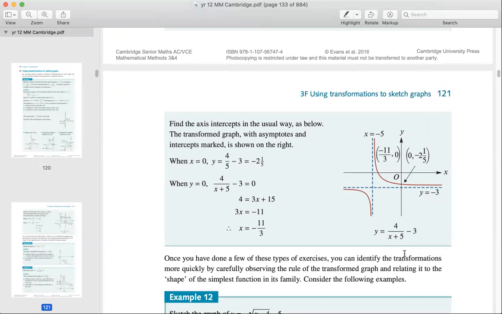Again, for this kind of graph, make sure you write down some key features. The first important one is asymptotes, if there are any. The second is the x-axis intercept and y-axis intercept. The third is the general shape.